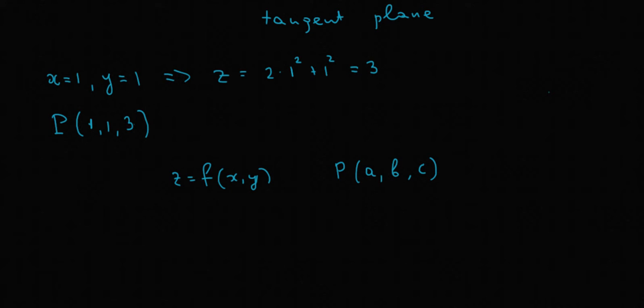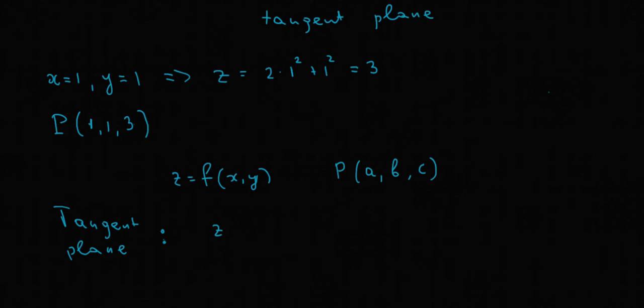The equation of the tangent plane is the following, and really these formulas are very similar to the equation of the tangent line to the graph of a function of a single variable at some point.